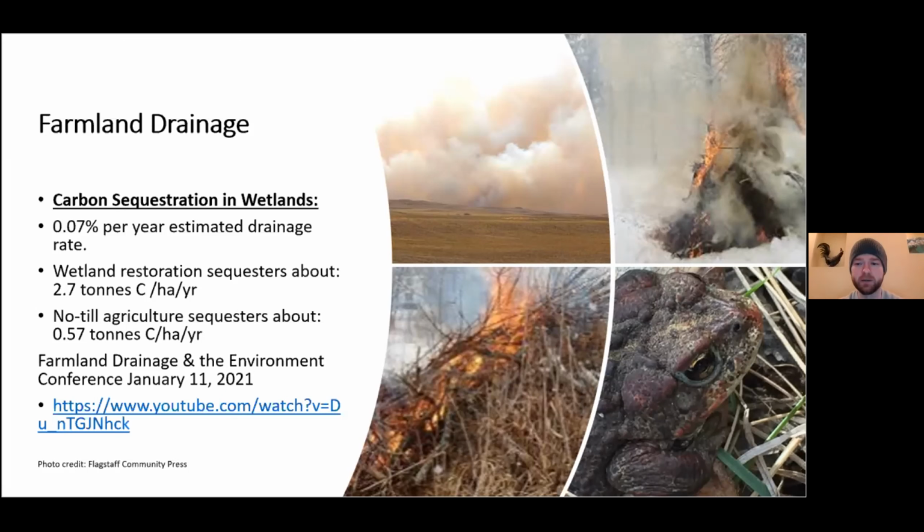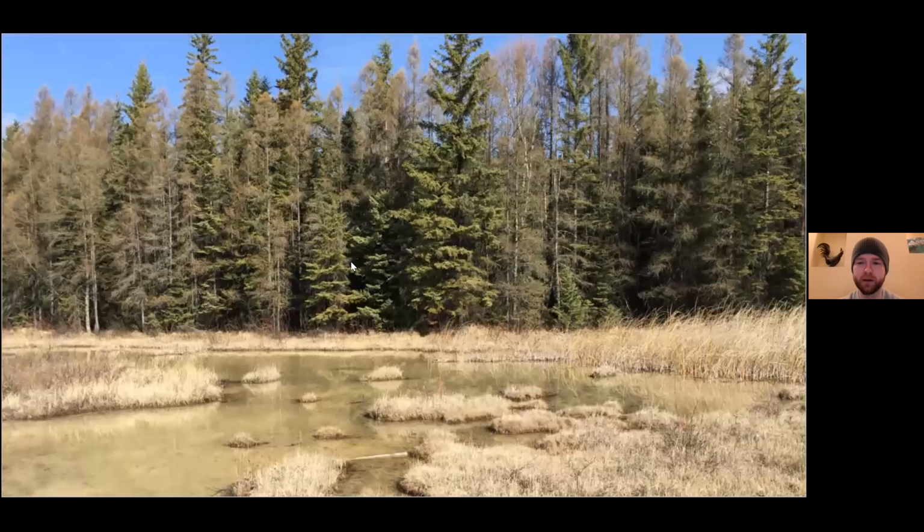So it's very easy to take away that carbon potential, and it's very hard to replace it once you do that. So it's important to recognize the importance of wetlands, not just as water filtration systems or biodiversity targets, as well as their potential to hold that carbon. You can see here, this is a classic example of a fen with forested land.